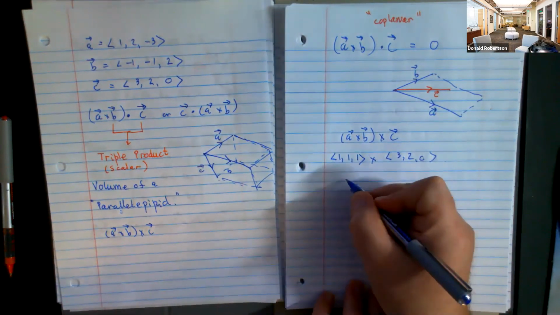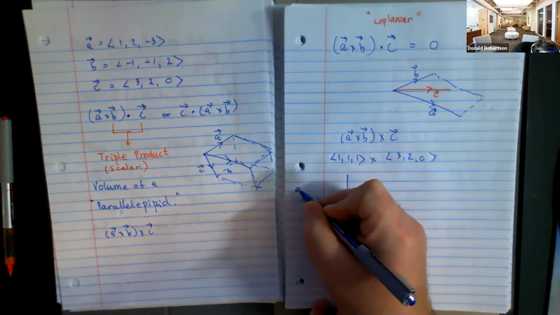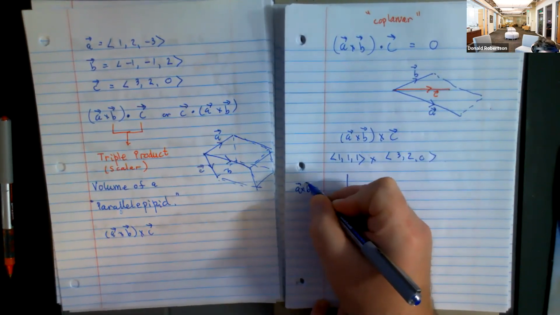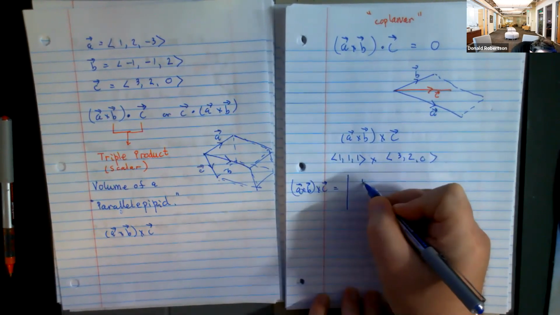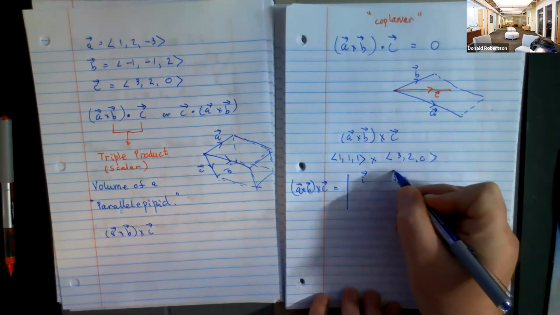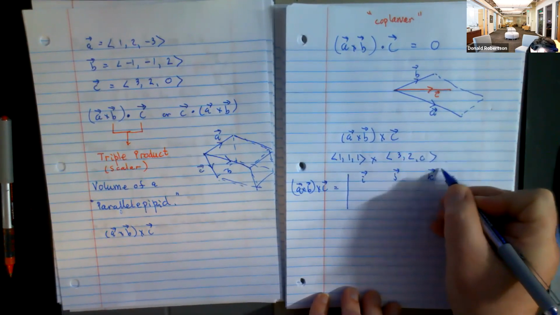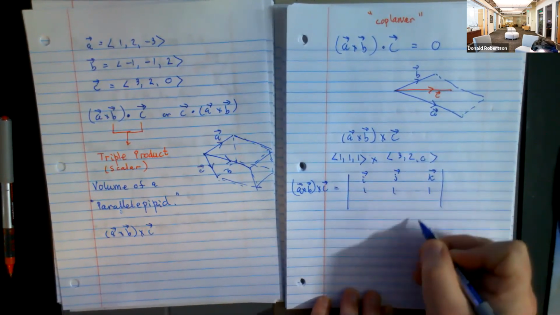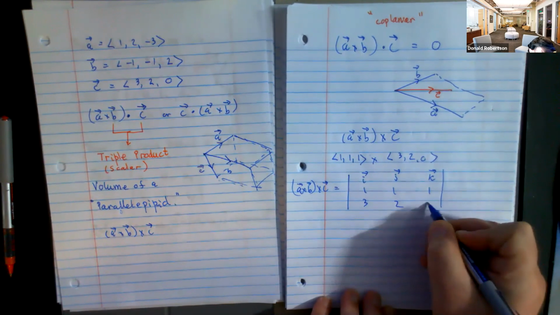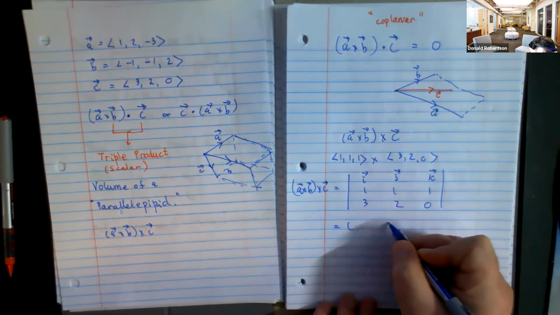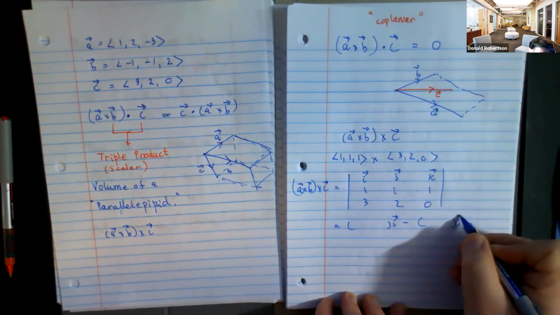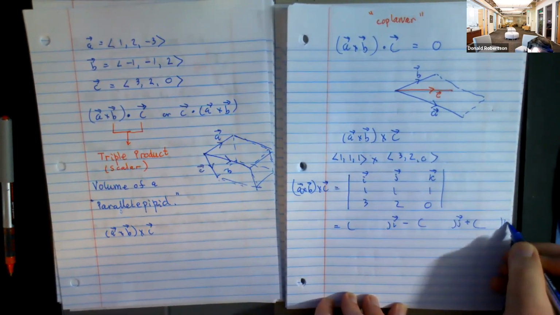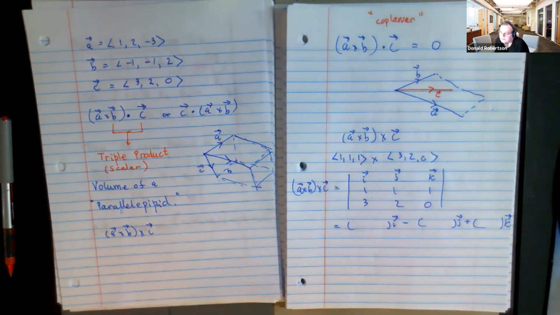Now, in our A cross B cross C world, it's going to have an I, a J, and a K. 1, 1, 1, 3, 2, 0. So many I's, take away so many J's, plus so many K's. Agreed?